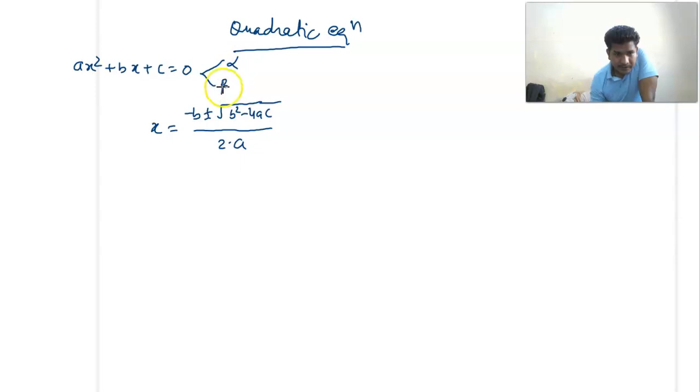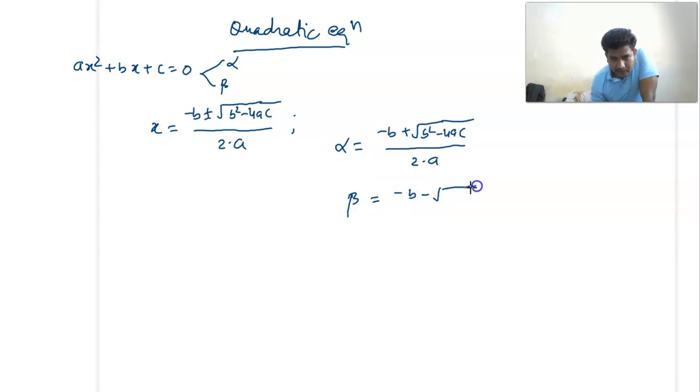So we can say that alpha is equal to the plus and beta is equal to the minus, where alpha is equal to minus b plus under root of b square minus 4ac upon 2a, and beta is equal to minus b minus under root b square minus 4ac upon 2a.